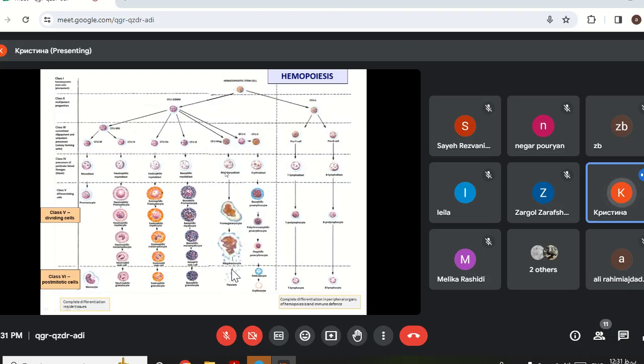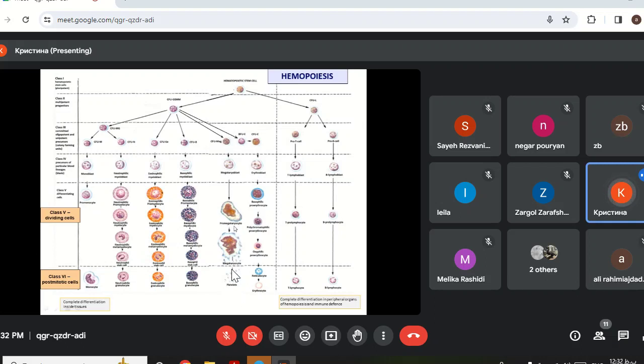During the development of platelets, what happens? The same for classes 1, 2, and 3. Next, megakaryoblast, the cell which divides a lot, and then class 5, it gains specific feature. Megakaryoblast develops into pro-megakaryocyte and next into megakaryocyte. Mega means very large.